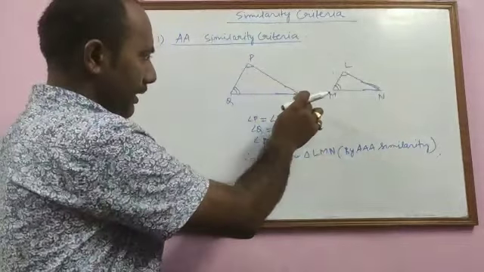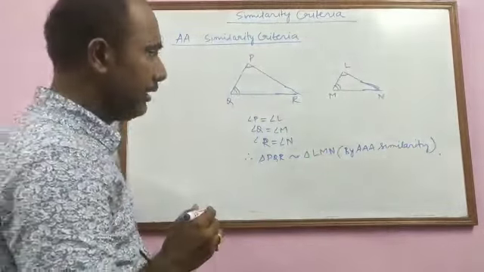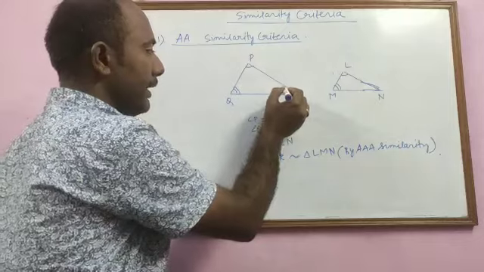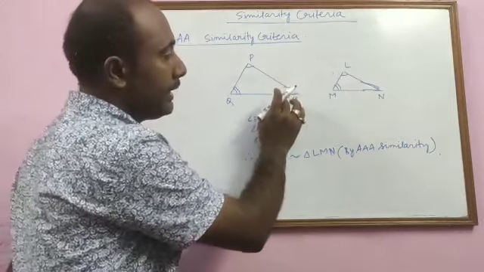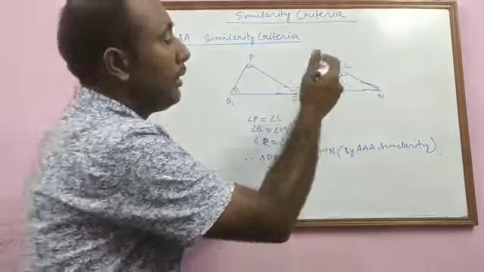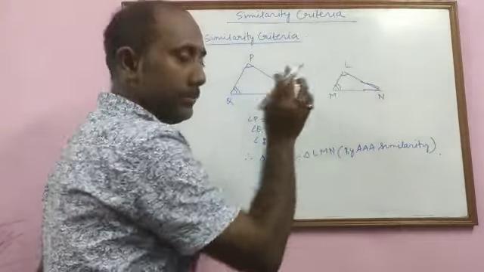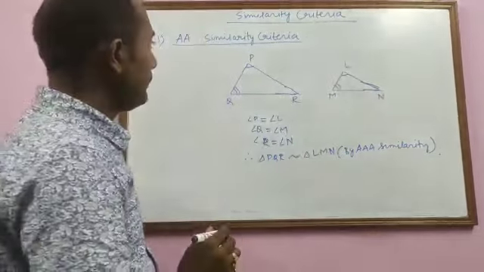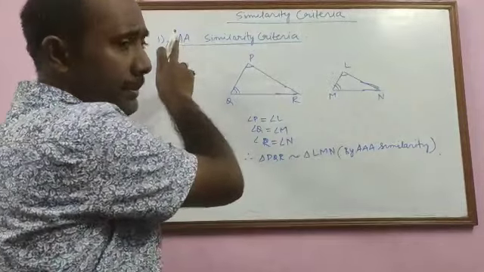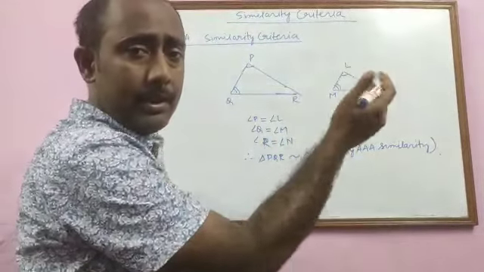Because if we use the angle sum property of a triangle, whatever value you get for the third angle, you will get the same value for the third angle of the other triangle, provided that these two angles are equal to these two.